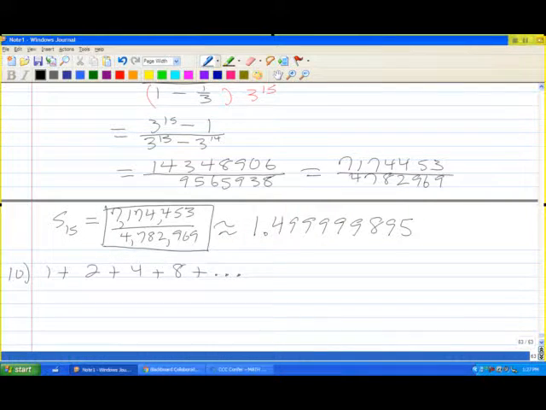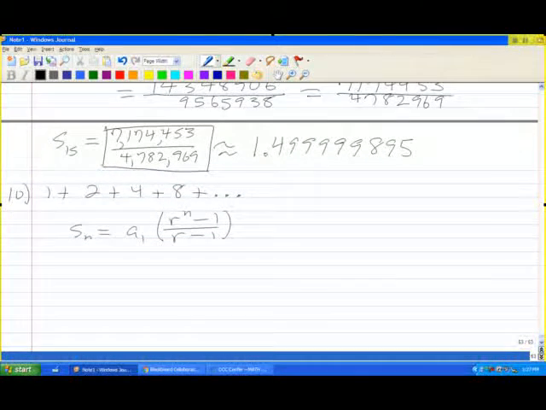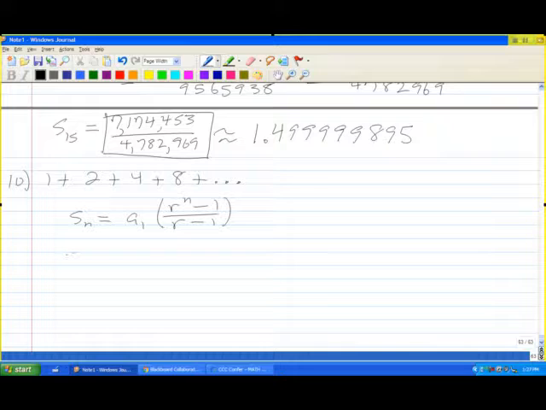And so the sum of the first n terms is just a1. Since r here is greater than 1, let me write it as r to the n minus 1 over r minus 1. I just flipped it around, both the numerator and denominator, since in this case r is greater than 1. And so this is equal to a1, which is 1.